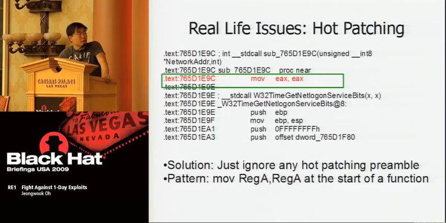In that case, that one instruction, mov eax, eax, can break a whole fingerprint match or a basic block match. So we just ignore that kind of pattern. It's a very simple pattern. It always happens at the start of a function, and it's always a move from register A to register A, which does nothing. So we just ignore that.